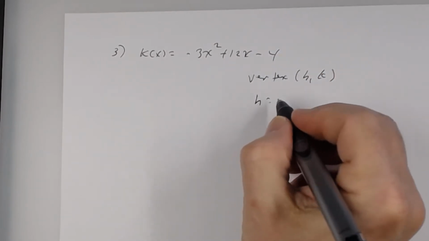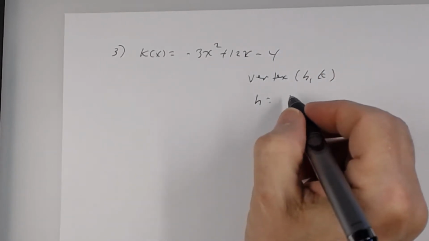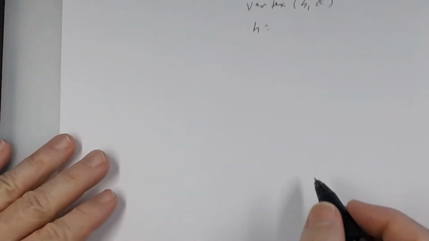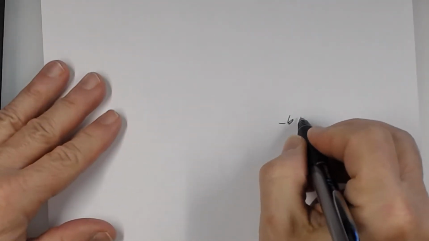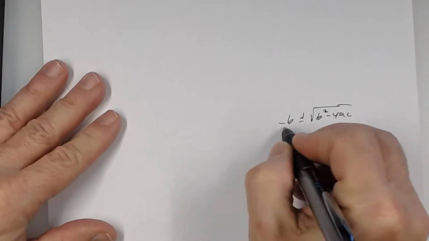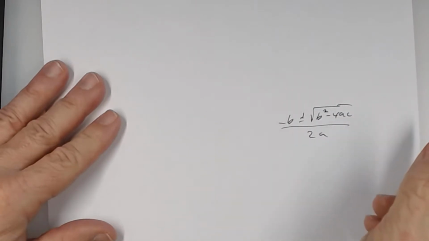But to find h, remember the quadratic formula? Negative b plus or minus the square root of b squared minus 4ac, all over 2a.